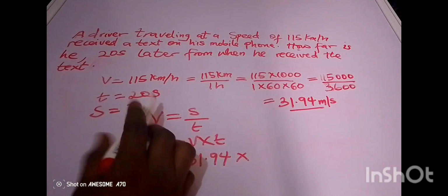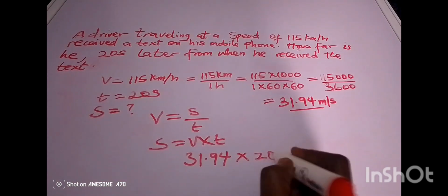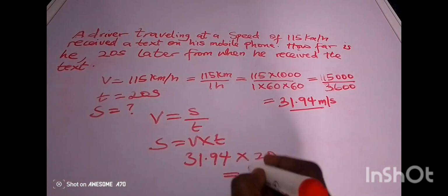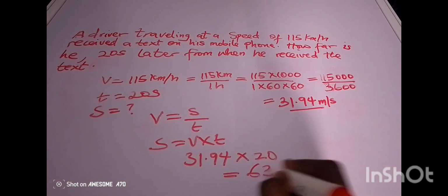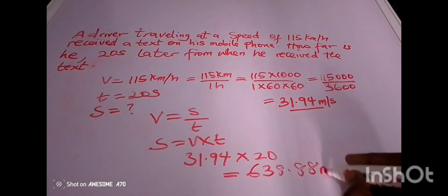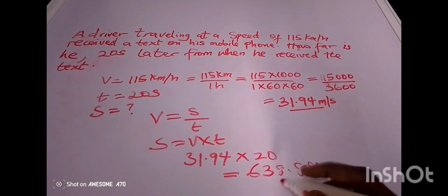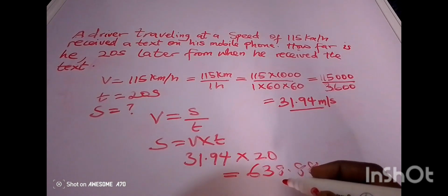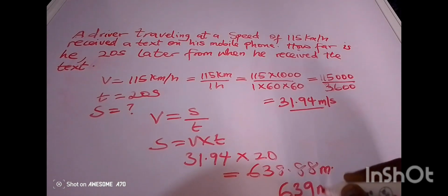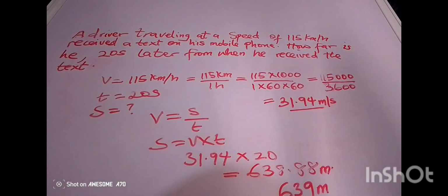Remember, my time is 20 seconds. If I multiply together, then I'm going to have a value that is 638.88 meter. Alright, let's approximate the value, and then let's say we have 639 meter. So that is that about that example.